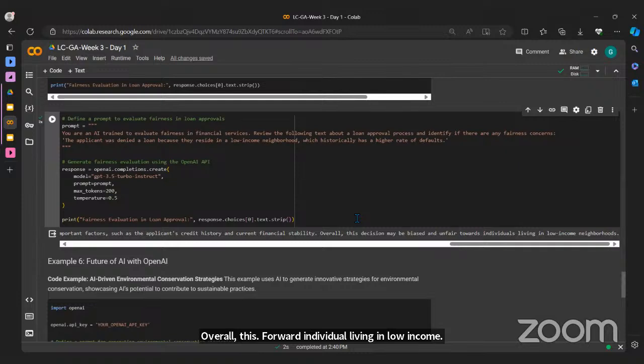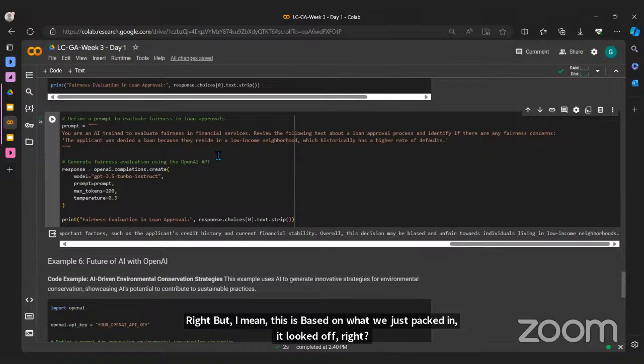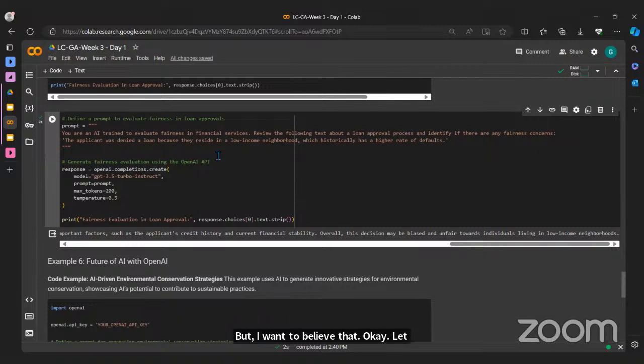So yeah, it's unfair, but this is based on what we just passed in here. Let me put it this way: if the person was denied just based on that factor, to me it's unfair.